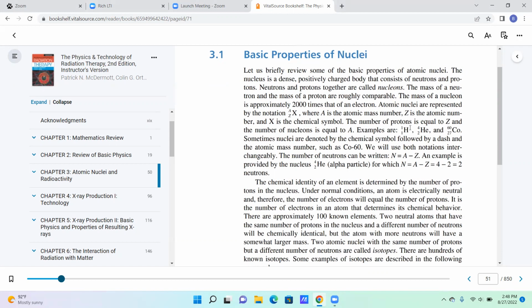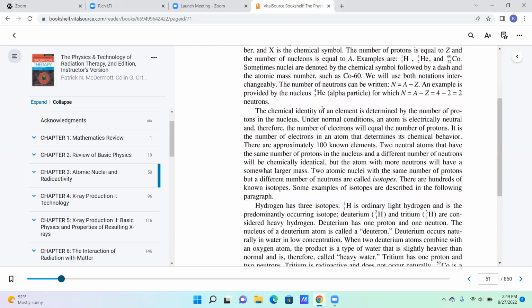You've got helium here, which has 4 nucleons, 2 of which are protons. And you have cobalt-60, in which case 27 of those are protons.